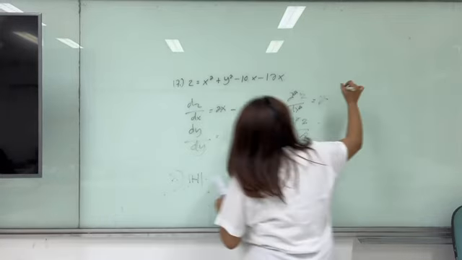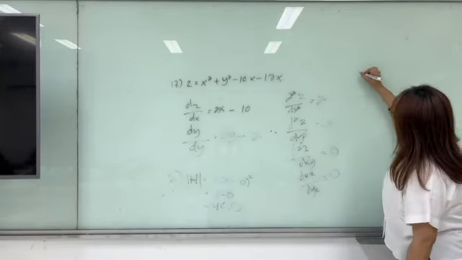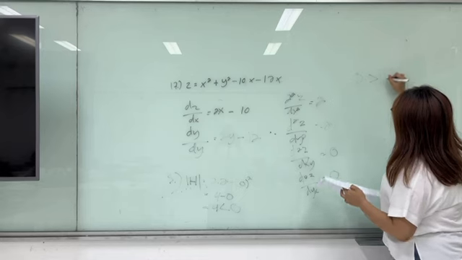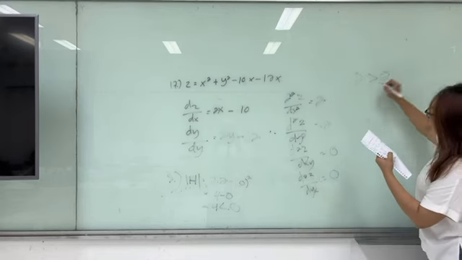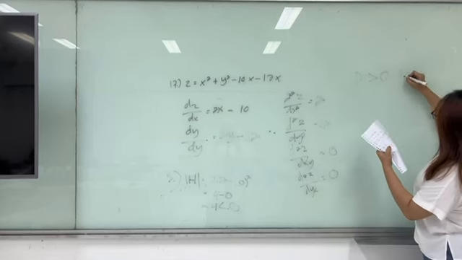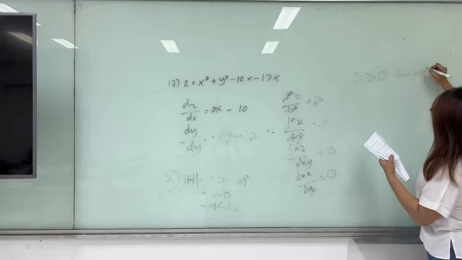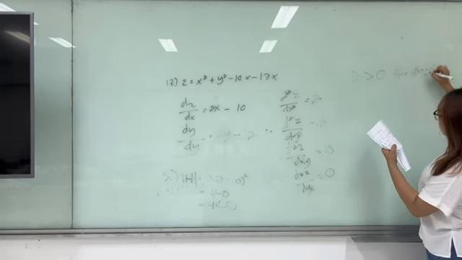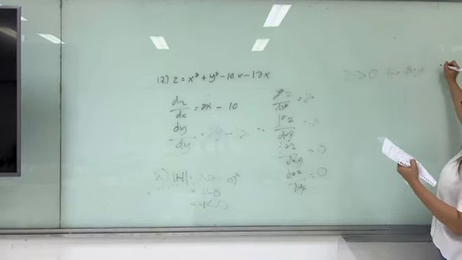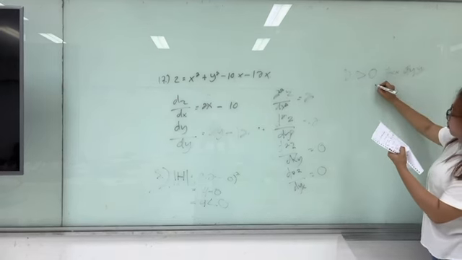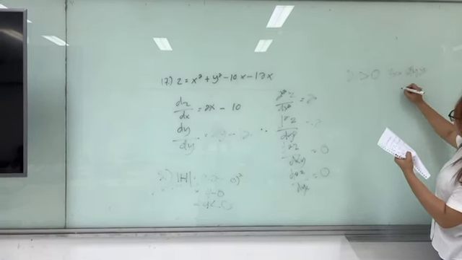So the conclusion is D more than 0, f xx and f yy less than 0. So it will be local maximum.